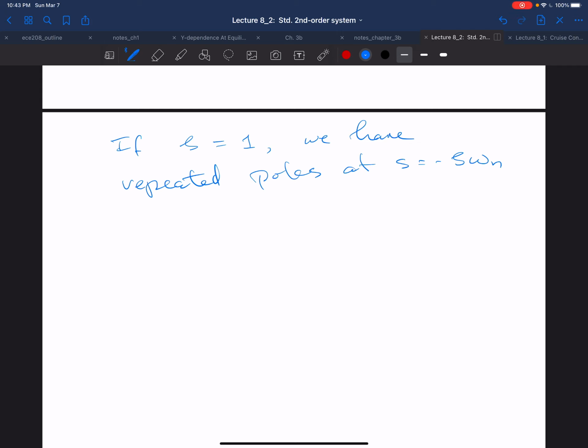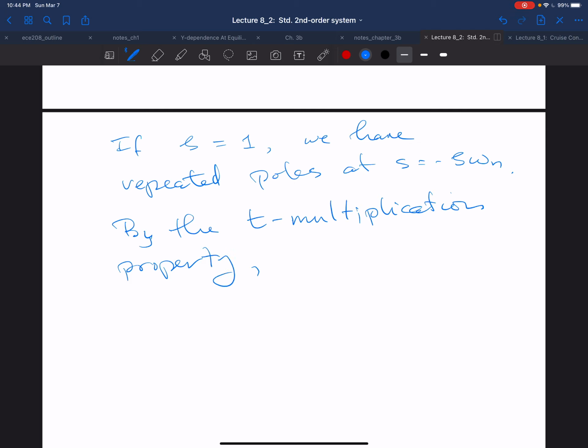Okay, so that means in this case, by our t multiplication property of the Laplace transform, what we have is a decaying exponential multiplied by t for our impulse response.